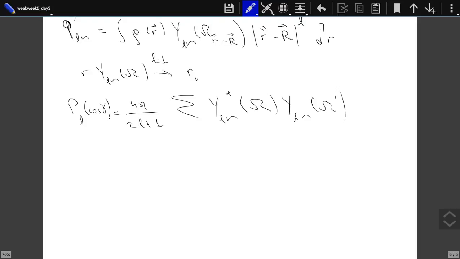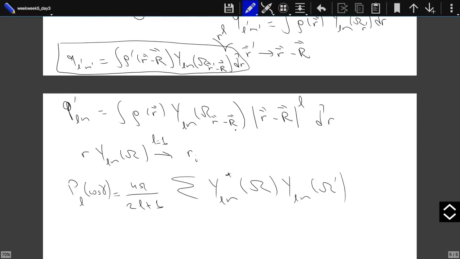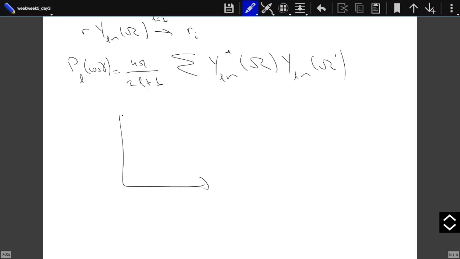Gamma is basically the angle between, this cosine gamma will be somehow related to this one. It's not straightforward, but there should be some relation. You see, what is omega R minus R? Gamma is the angle between the vector pointing in omega and the vector pointing in omega prime.